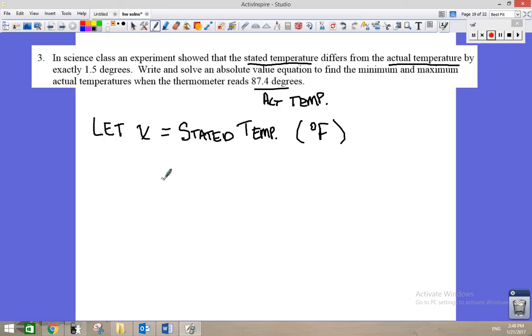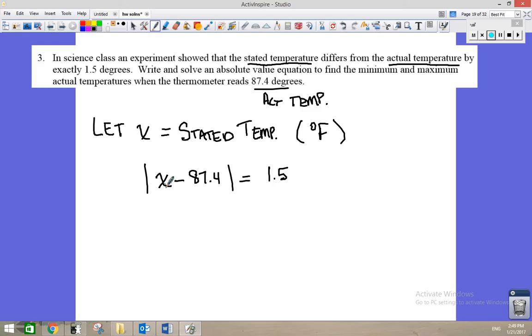The difference between the stated temperature and the actual temperature, which in this case is 87.4, that difference, your guess is pretty close to the real thing, because it says the difference is 1.5 degrees.